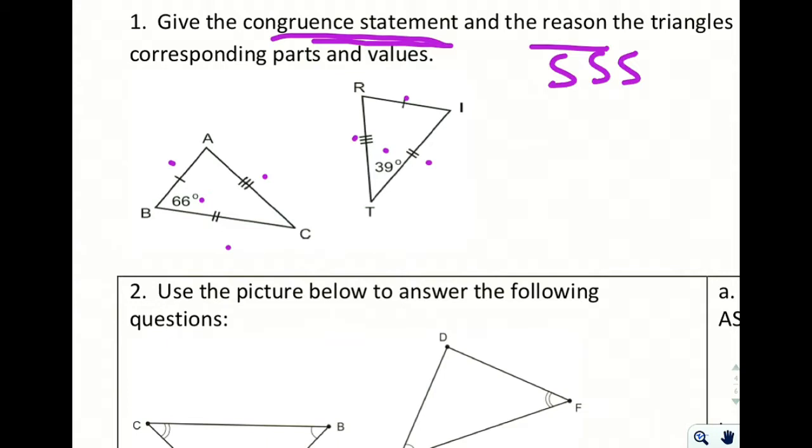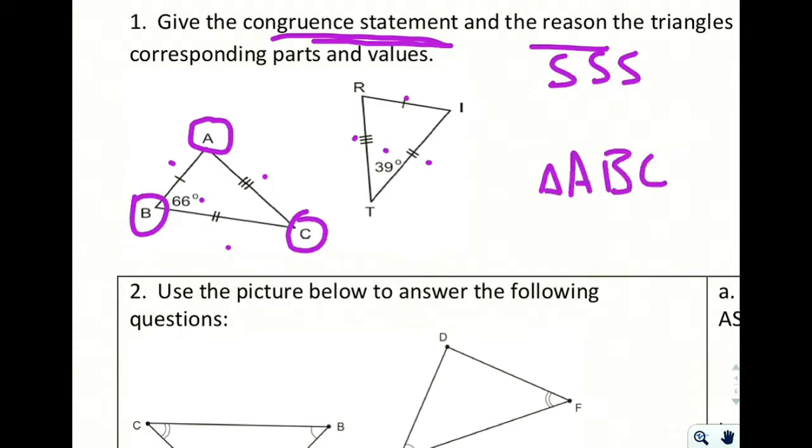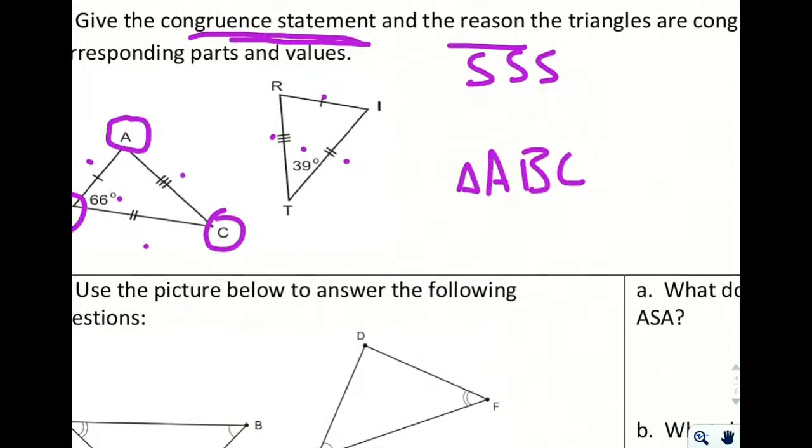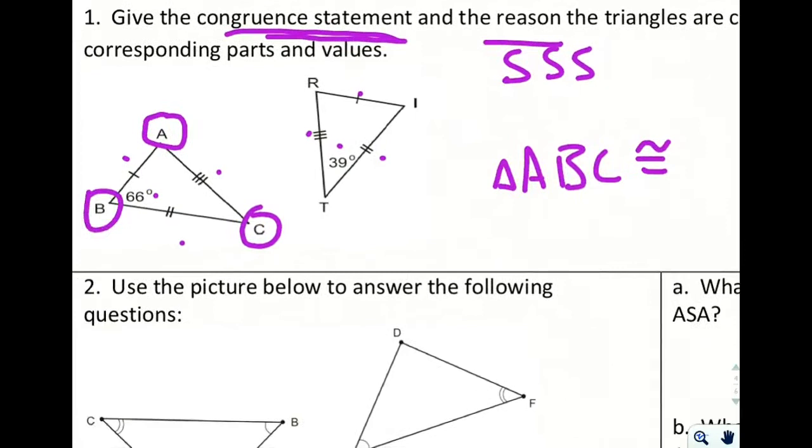Now our congruence statement. Let's pick something on this side. Let's go A, B, C. Let's just nail down our first triangle, because that order doesn't really matter. The important part is making sure that it lines up with the other one. So triangle ABC is congruent to, now here's where we have to be careful.